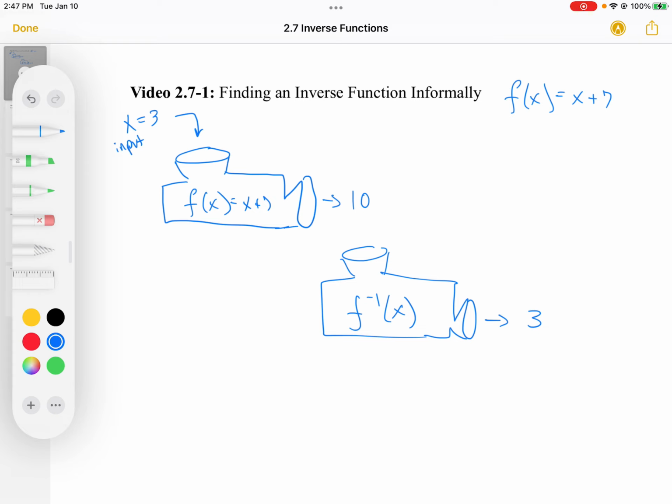So if you input a 3 into a function, and then you take the output of that function, and then you input that output into the inverse function, which is this function right here, you will get back what you started with.